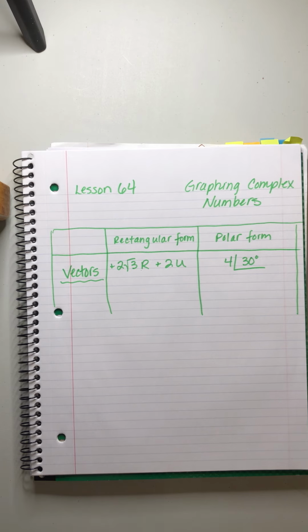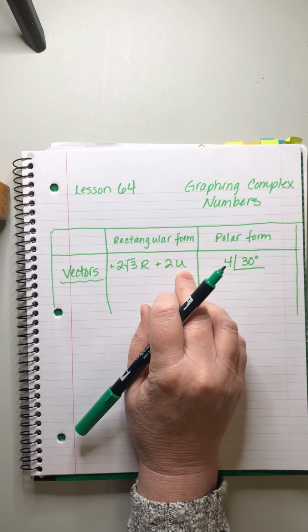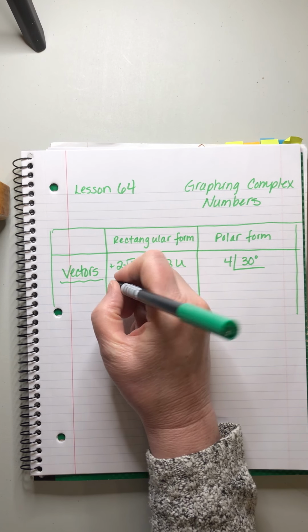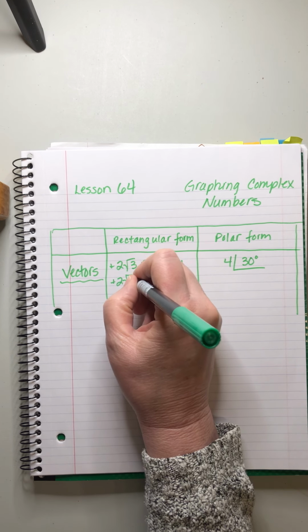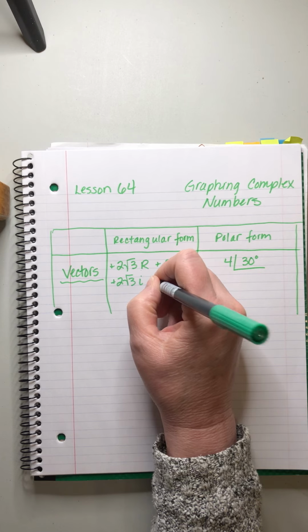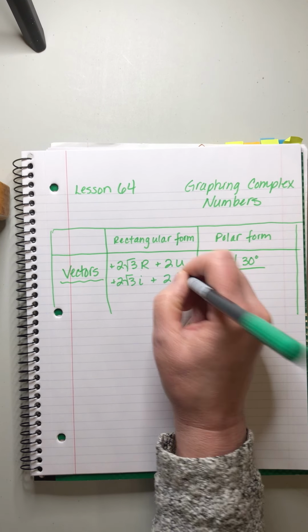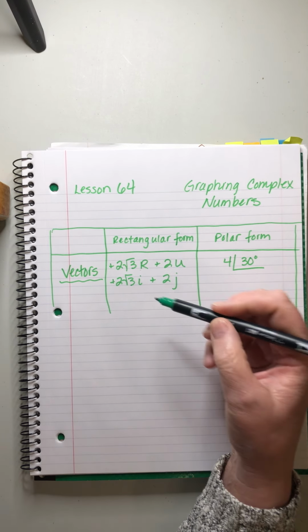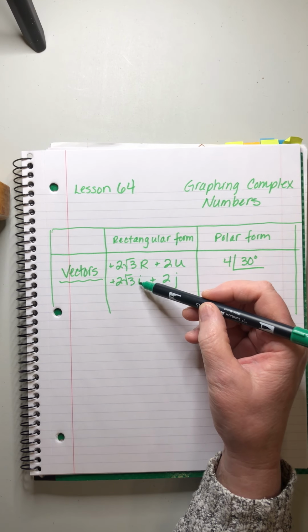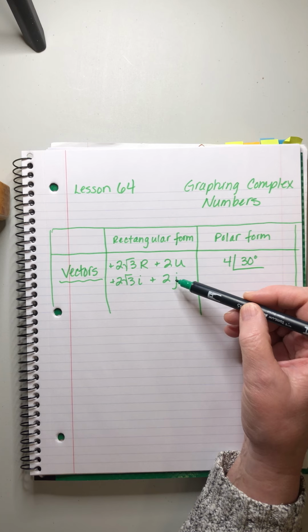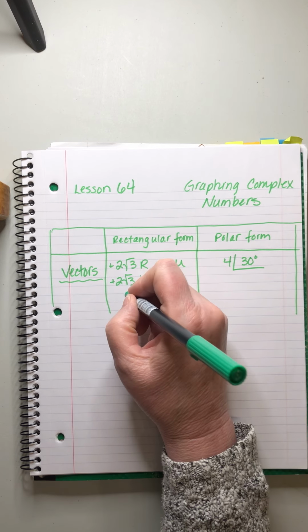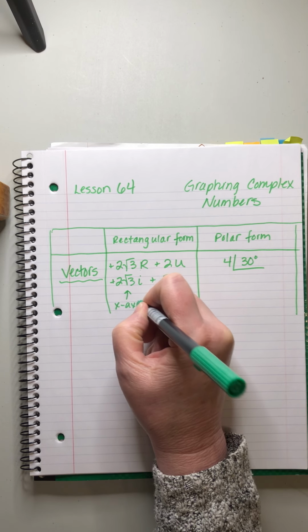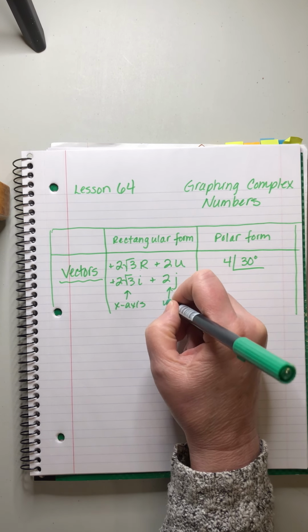Some mathematicians, instead of using the R and the U system, like to use, the numbers work exactly the same, but they use an I and a J instead of the R and the U. And in that case, they refer to the x-axis as I and the y-axis as J, right? So in either case, this is the x-axis and this is the y-axis, right?